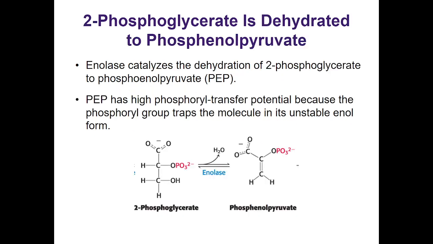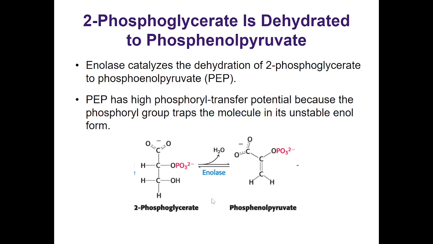The enolase is going to catalyze the dehydration of the 2-phosphoglycerate to phosphoenolpyruvate. Phosphoenolpyruvate is incredibly common, and if you go into a biochemistry or biology field or medical school, you're going to see PEP a lot, okay, PEP. PEP has a high phosphoryl transfer potential because the phosphoryl group is going to trap the molecule in the unstable enol form here.